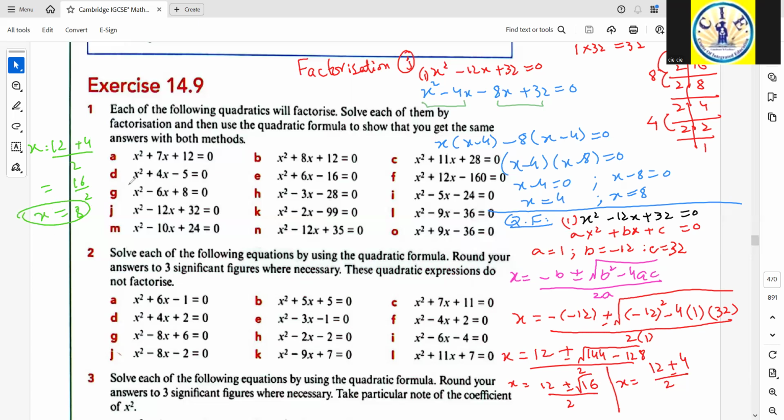And the other value of x is going to be 12 minus 4 divided by 2. That is 8 by 2, which is 4. So you compare these values of x, we observe that both the methods yield the same answers of the variable x. So that's it.